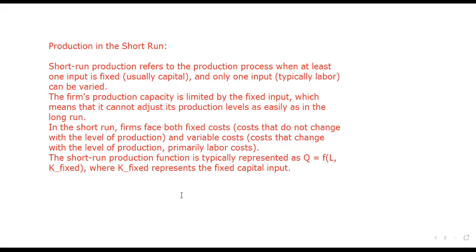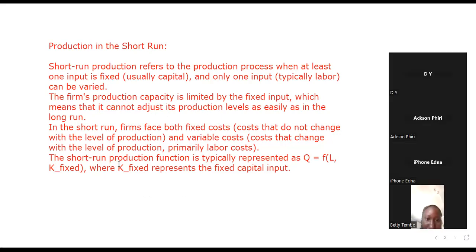So if we're dealing with a short run production, typically we are looking at a production function in terms of what? Labor and capital. But labor is what? Varied. Capital is fixed. So you can have maybe land, which is a hectare. We will just vary the labor units, like the number of laborers.